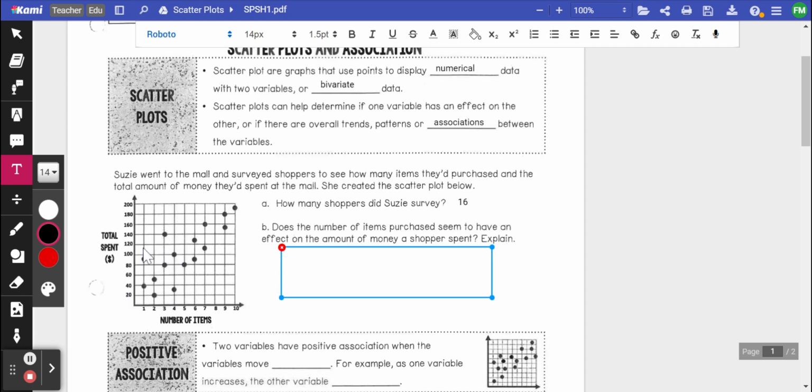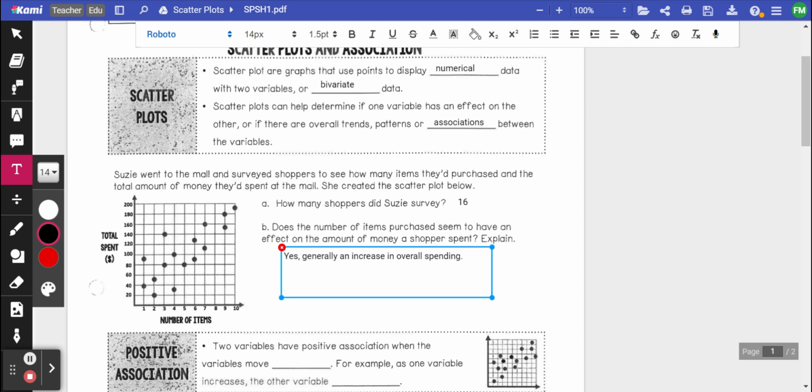Well, if we look down here at 1, 2, 3, 4 items, putting my cursor in the middle of that group, versus 8, 9, 10, putting my cursor in the middle of that, definitely an increase. So we're going to say yes, generally an increase in overall spending.